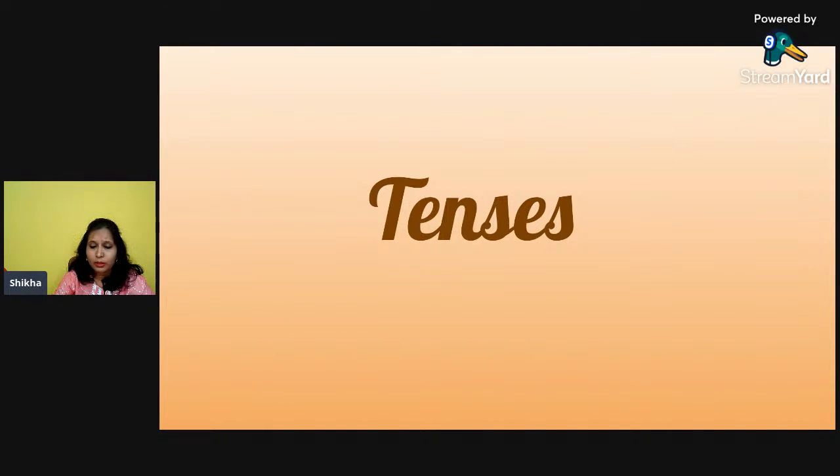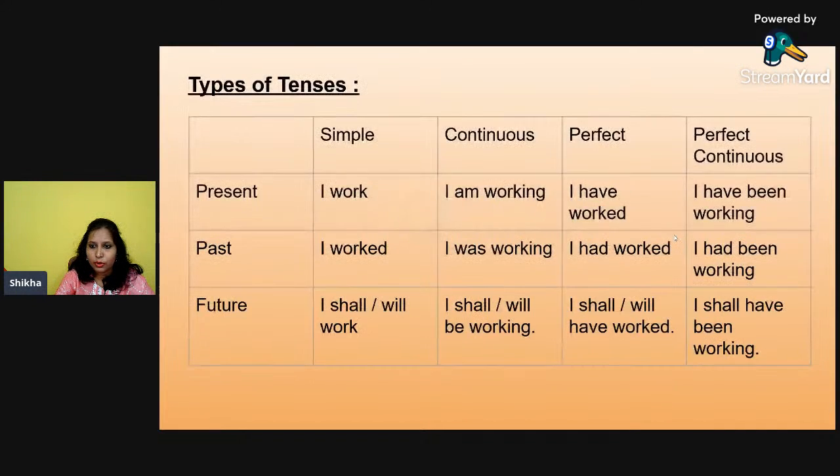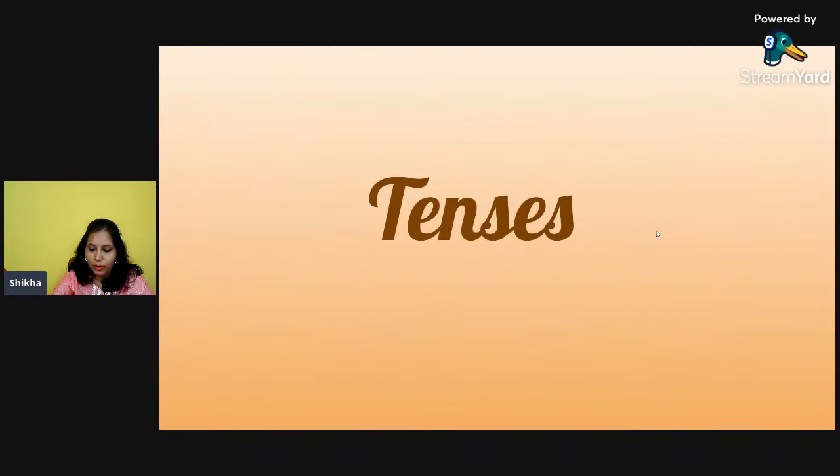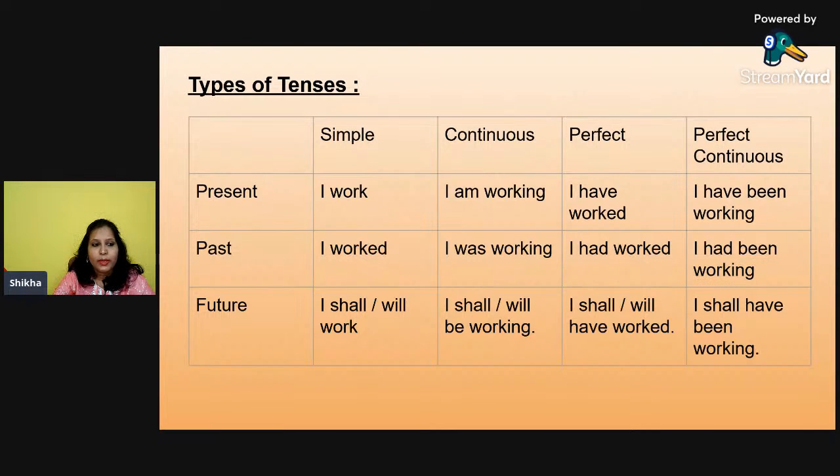Today we are going to look at present tense only. You might have a little bit of knowledge or idea about what present tense is, isn't it? Generally we have three kinds of tenses: present tense, past tense, and future tense.